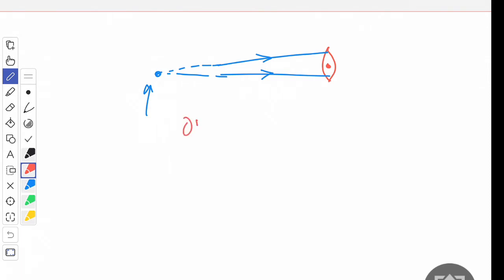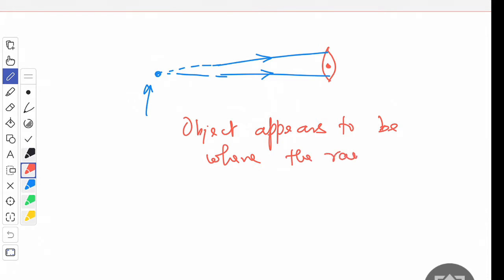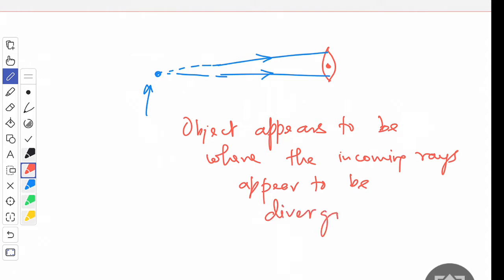So the object appears to be where the incoming rays appear to be diverging from. Okay, so this is for an eye, right?